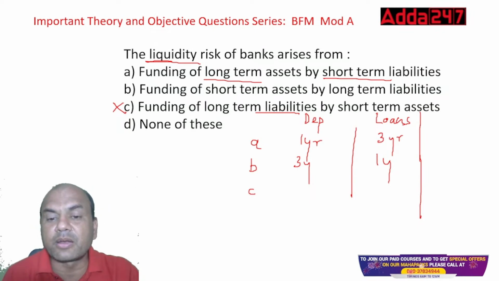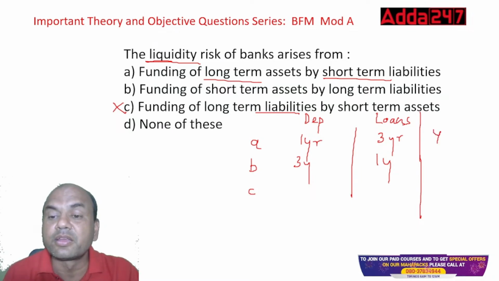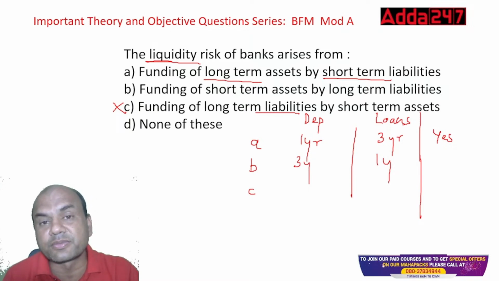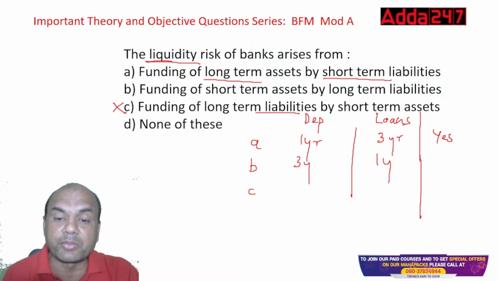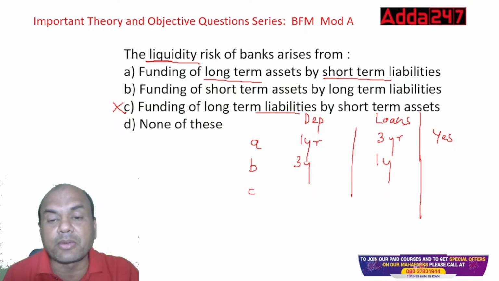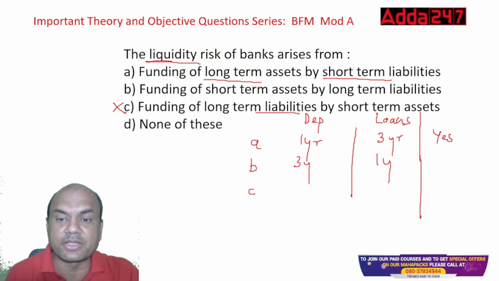Between A, 1 year deposit I am having and 3 years loan I have given. So will it create a problem for me? Yes, it will. Why? Because this person who has deposited will come to me after 1 year, but this person will pay me after 3 years. So this will be a problem to me. What about B? If this person has given me a deposit of 3 years, this person will come after 3 years, but the borrower will pay me after 1 year.